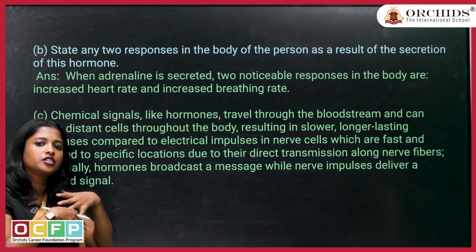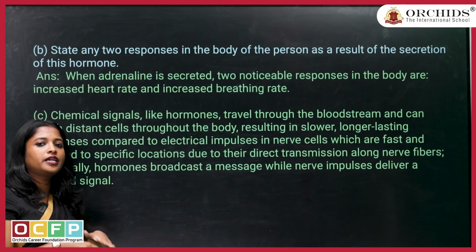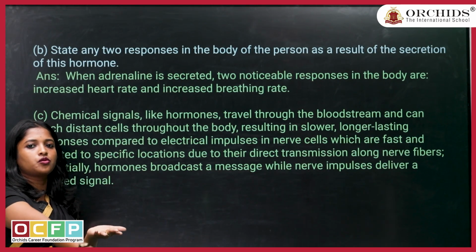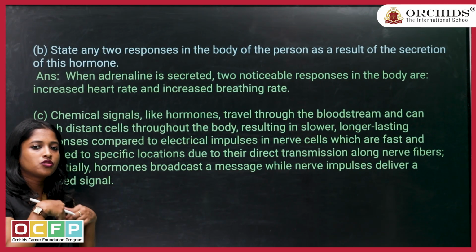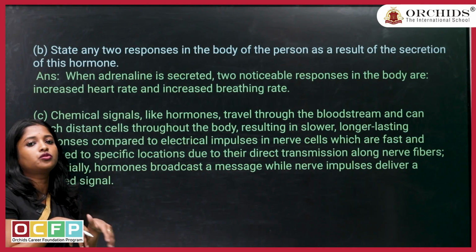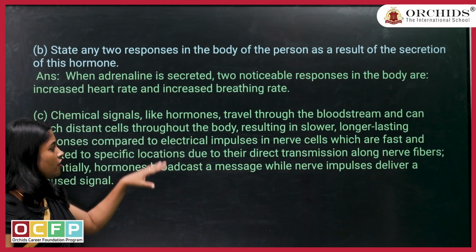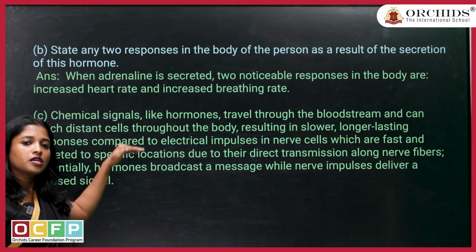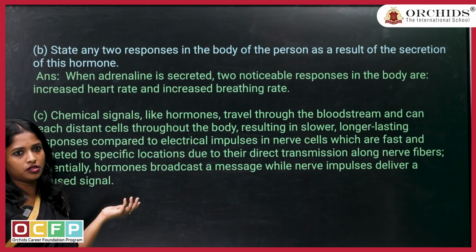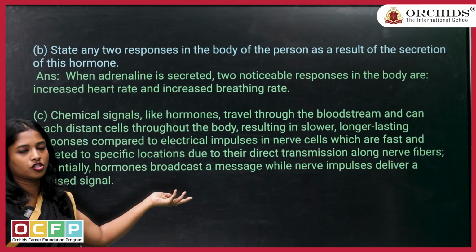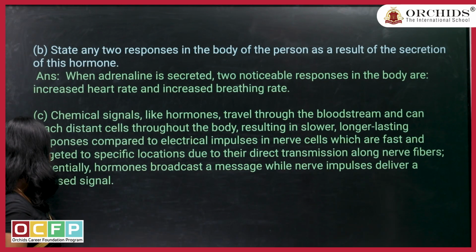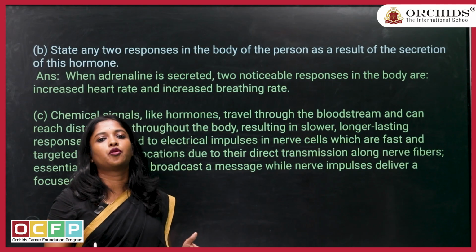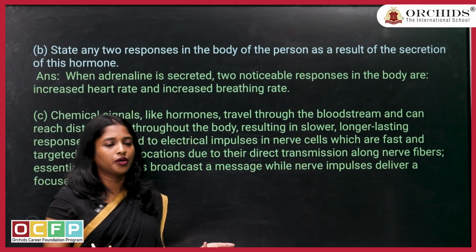Hormones distribute in the bloodstream, so it takes time to go and reach there. Whereas nerve impulses are directed towards one particular organ, so the signals through nerve cells will be faster. If you write these 2 points, you will get 2 marks. So this is the 4-mark question section. Last section, that is the case study based section. So these are the few questions you could observe in your board paper.